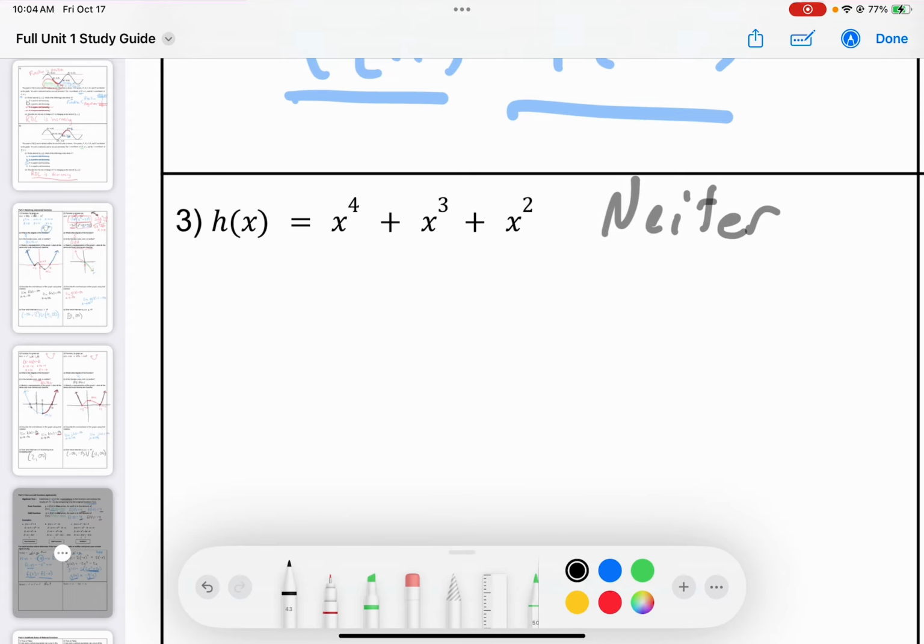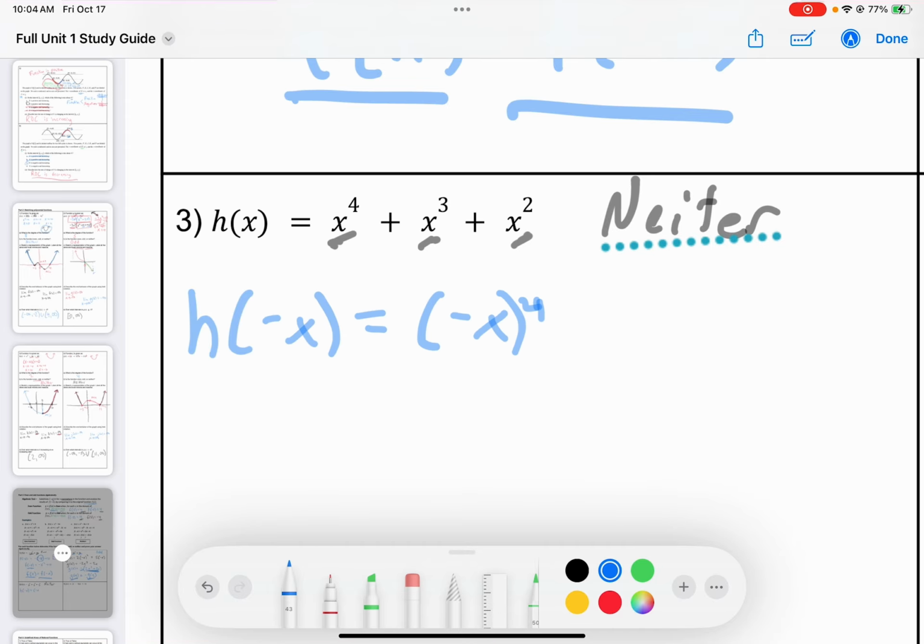I know this is neither, just looking at it. Here's an even term, here's an odd term, here's an even term. Okay, but to prove it, I'm just going to say h of negative x equals negative x to the fourth plus negative x to the third plus negative x squared.